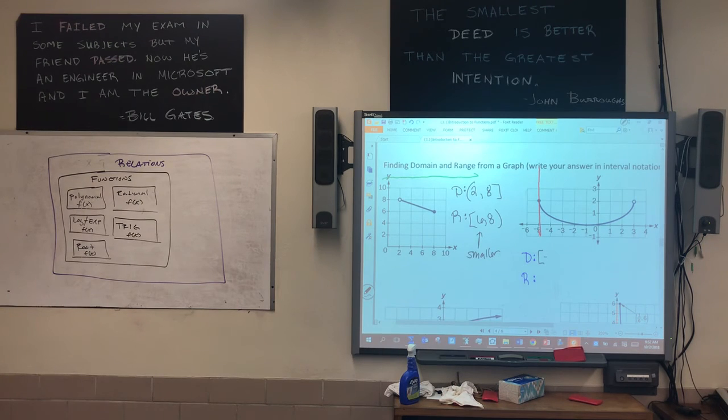Yep. I keep going, so none of these values are being removed. And then I get to 3. Do I keep 3 or do I exclude it? Exclude it. Is that okay?